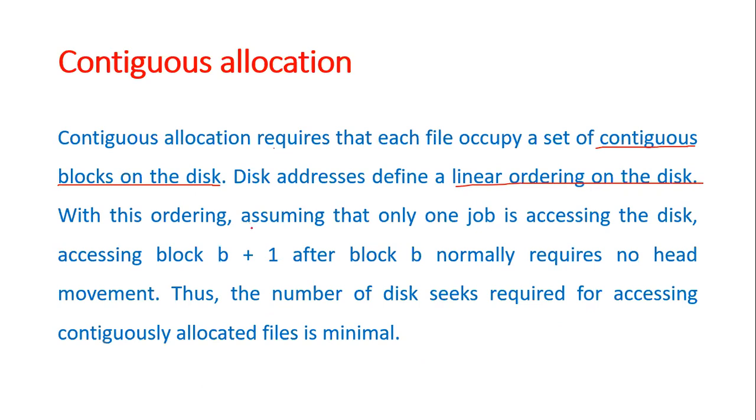With this ordering, assuming that only one job is accessing the disk, accessing block B plus 1 after block B normally requires no head movement. Thus, the number of disk seeks required for accessing contiguously allocated files is minimal.